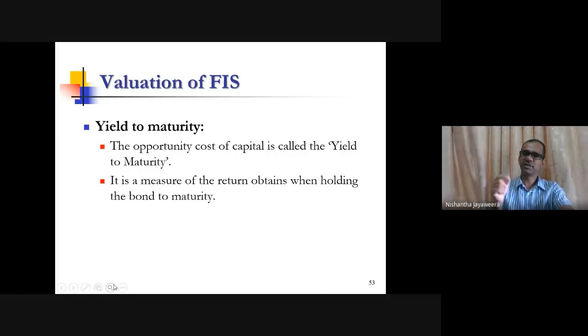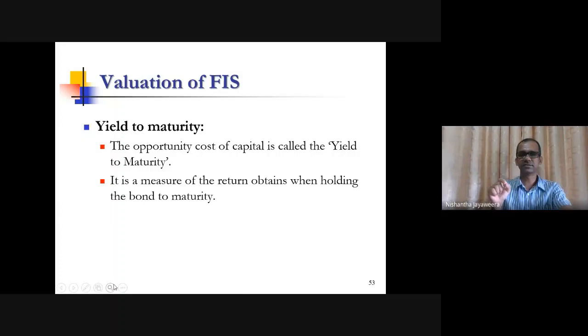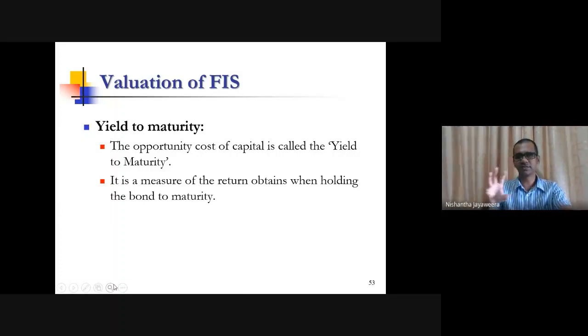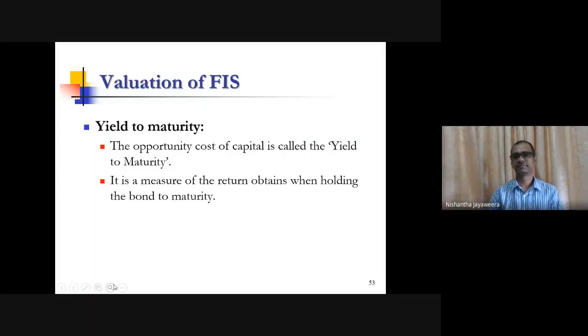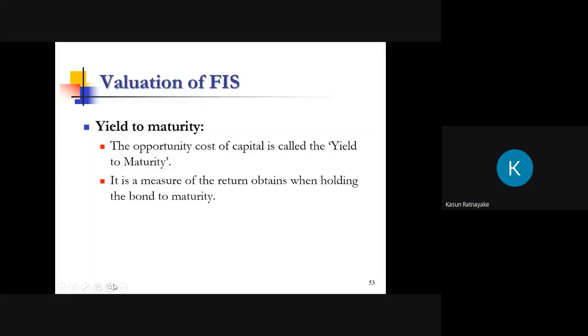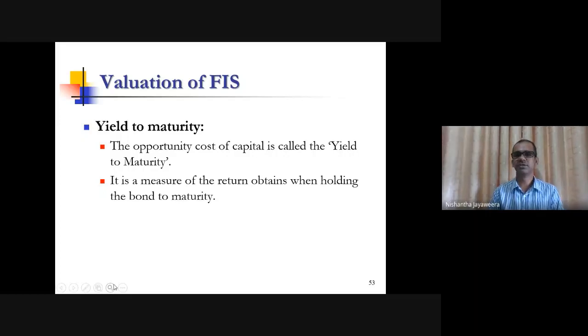But the yield to maturity is basically decided based on market conditions. What is the economic condition? What are the prevailing interest rates and inflation, the credit risk of the issuer, things like that. Everything will be priced into the yield to maturity.